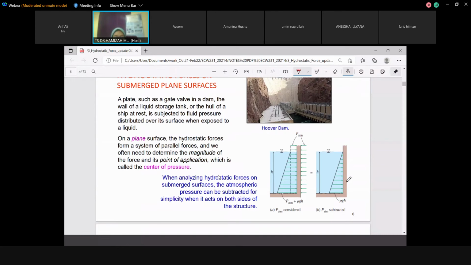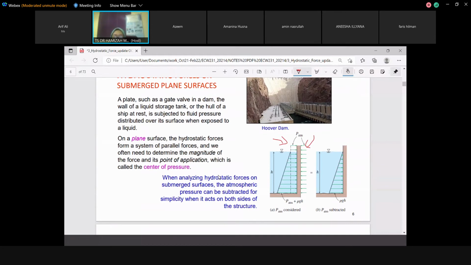Okay, and then what you should know is about the pressure inside ataupun outside. Okay, so you can see here, we have the pressure from outside and from the inside.